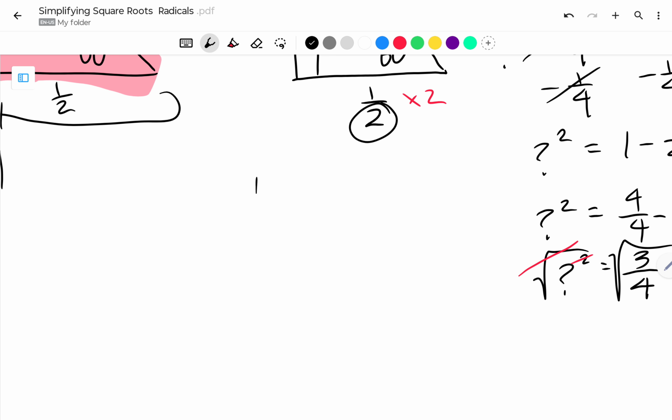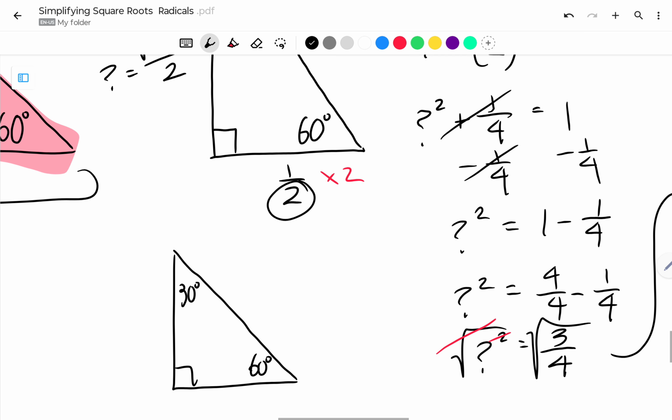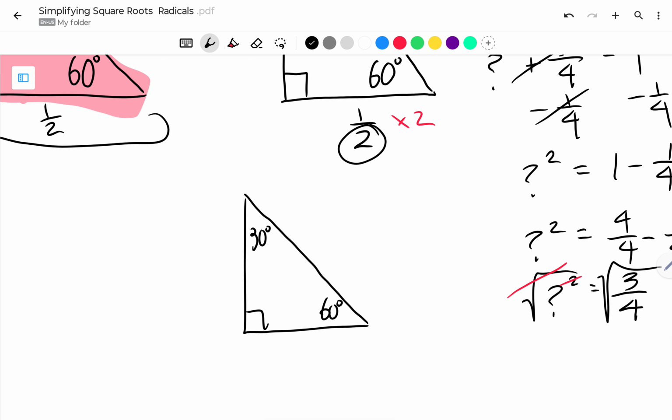So then if I redraw my 30, 60, 90 triangle, the hypotenuse times 2 is 2. 1/2 times 2, that's 1. Oops, actually, let me do it in color. This is green. The 1/2 times 2, that's 1. That's the short leg.